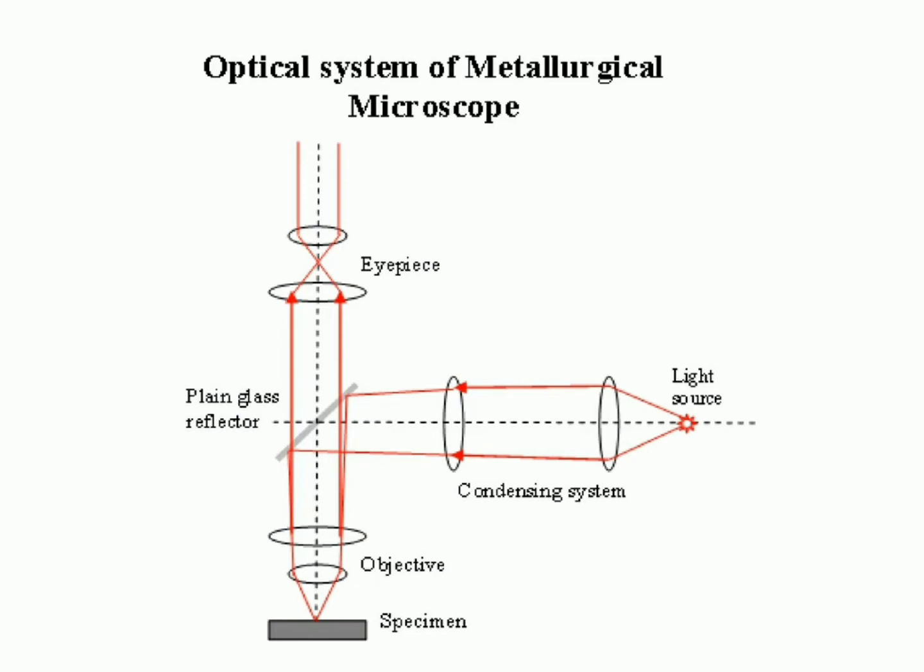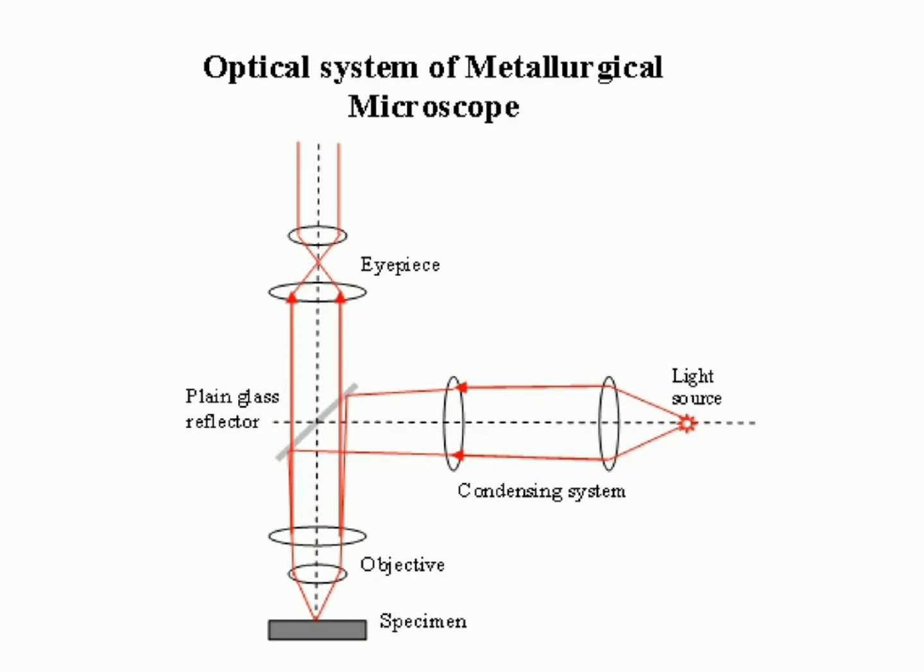The light source focuses at the plane glass reflector. The plane glass reflects the light towards the specimen. This light moves through the objectives toward the specimen, and the specimen again reflects these lights toward the eyepiece, and we finally get the view of a specimen in a magnified image.